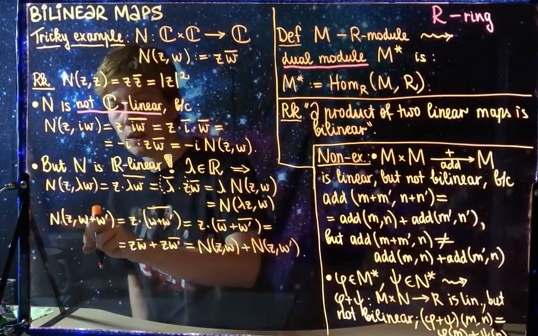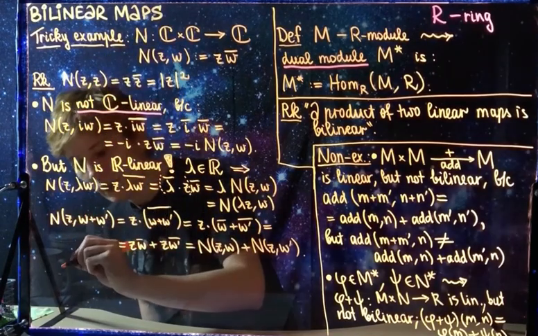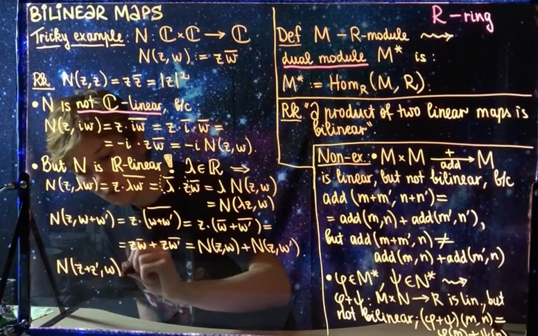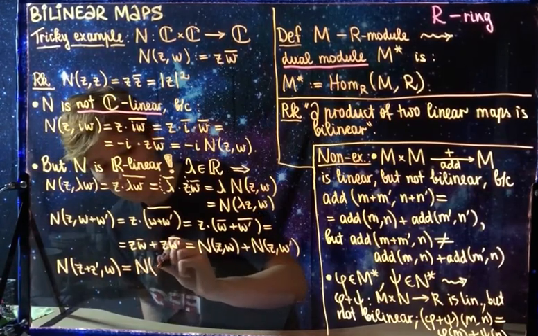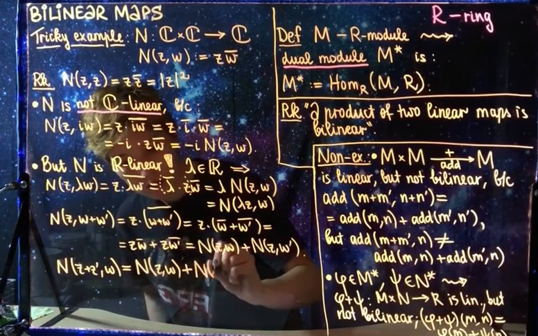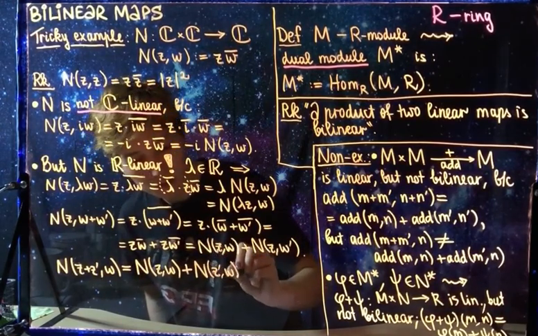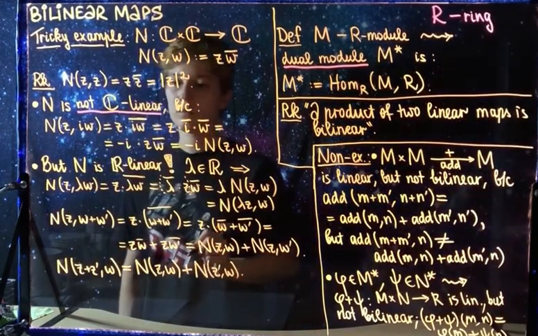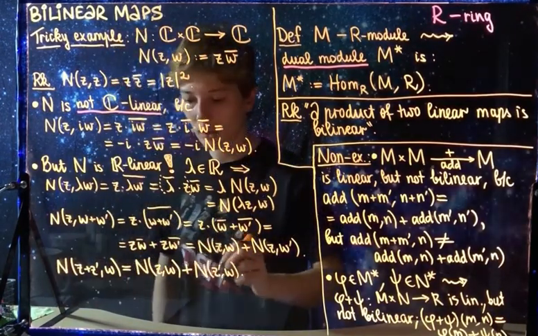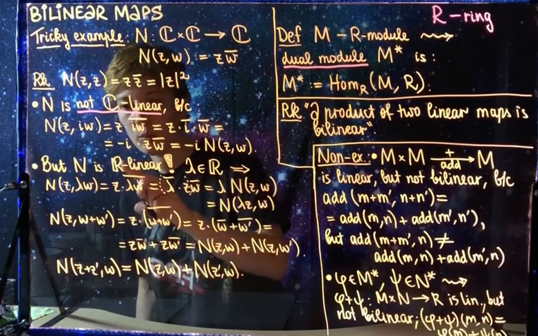And even easier than that is checking that N of Z plus Z prime comma W is equal to N of Z comma W plus N of Z prime comma W. And so we check that N is R-bilinear.